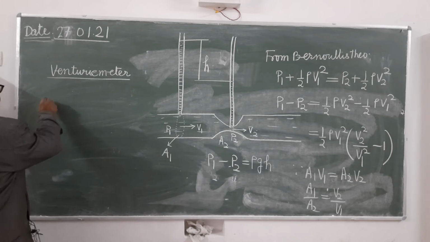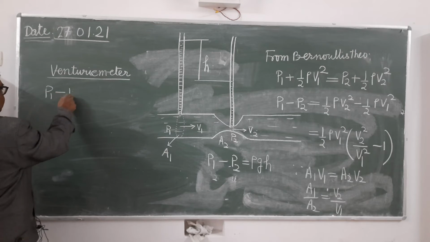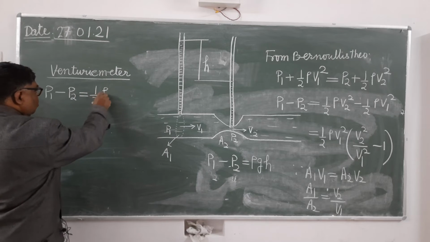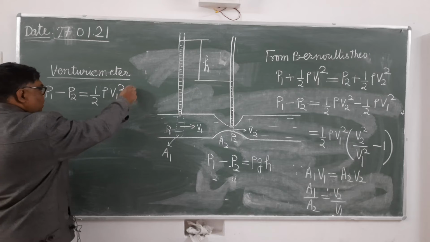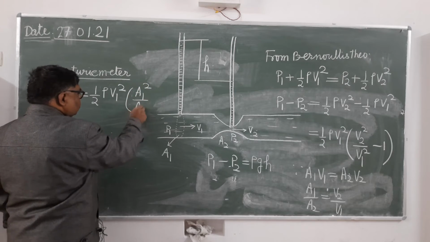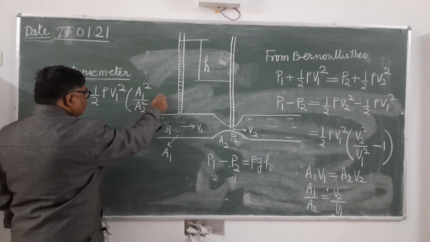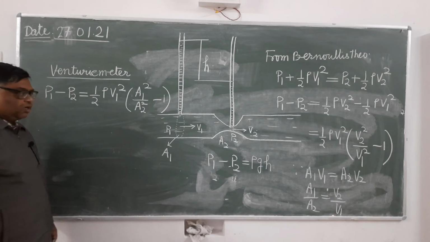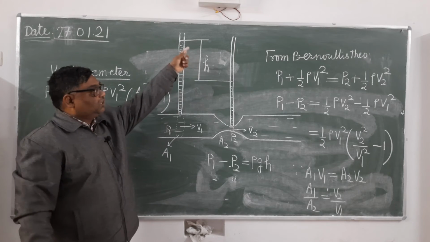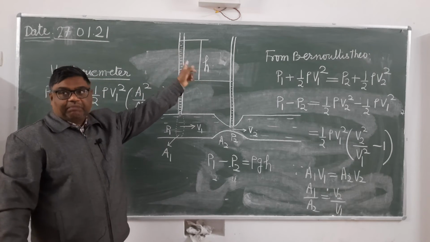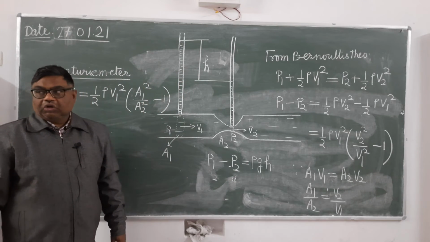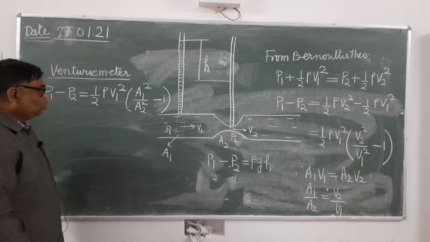Here when you substitute, P1 minus P2 equals 1 upon 2 rho V1 square, and inside the bracket A1 square upon A2 square minus 1. But already, by measuring this height difference, you have found that P1 minus P2 equals rho gh.